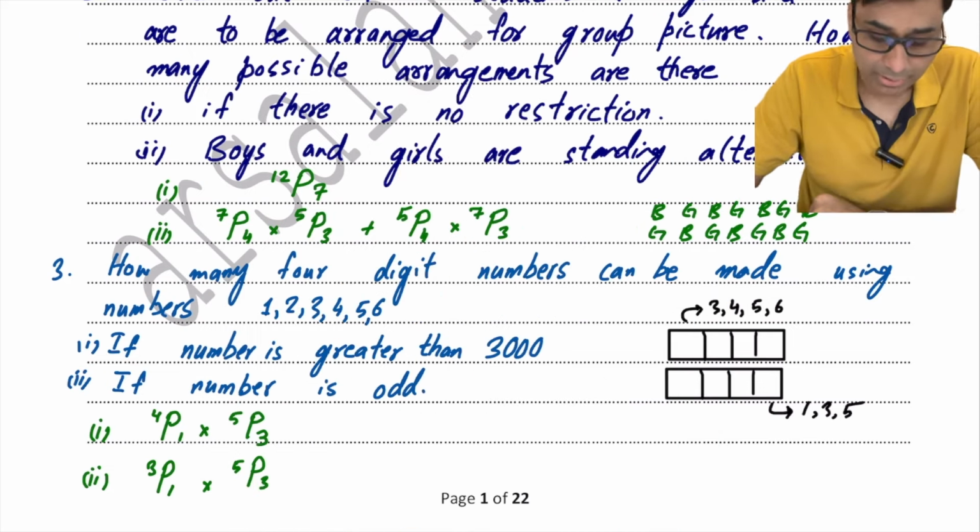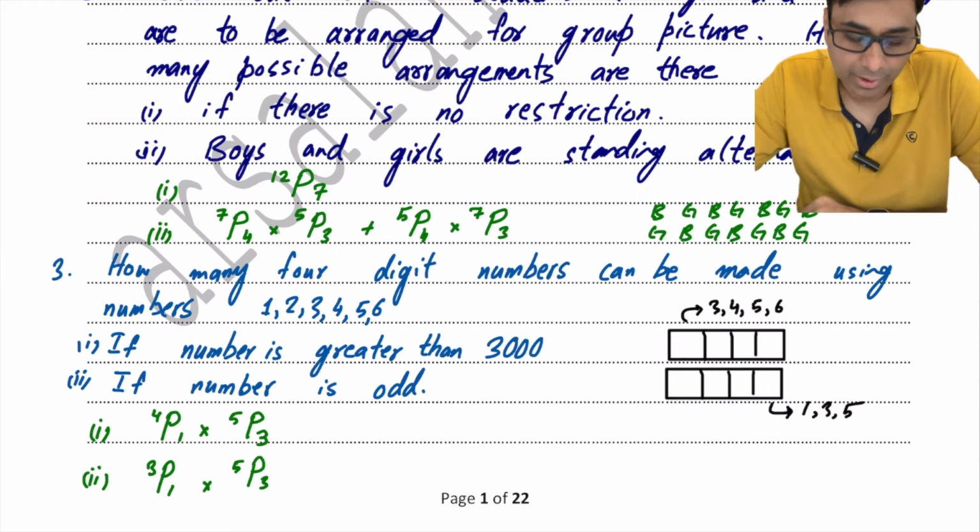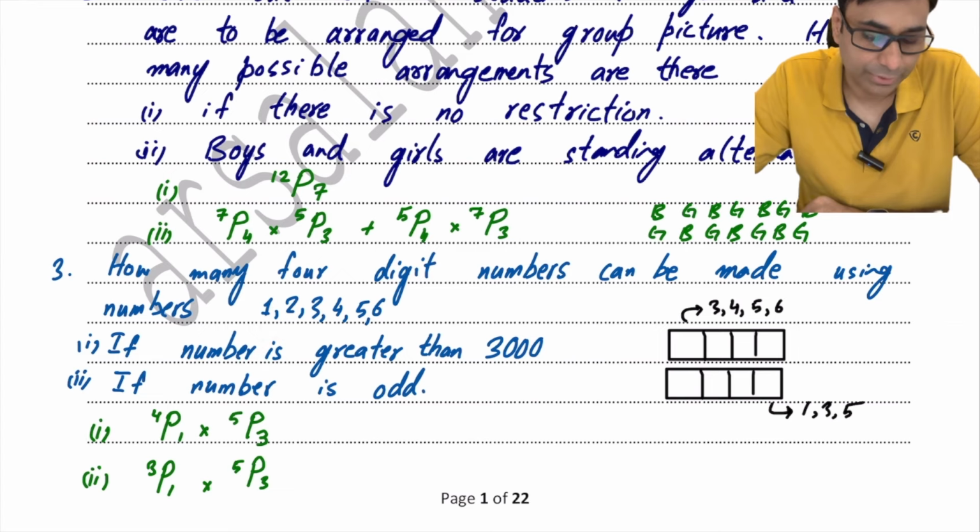Similarly, look at how you would make 4-digit numbers using these available digits, but the number has to be greater than 3000. If there was no restriction and it was just said that you had to make a 4-digit number, you would say 6p4. But here there is a restriction.